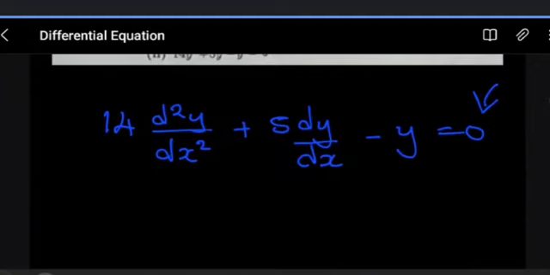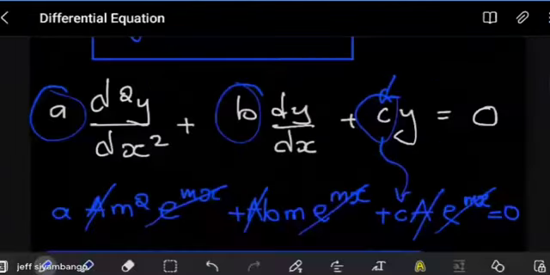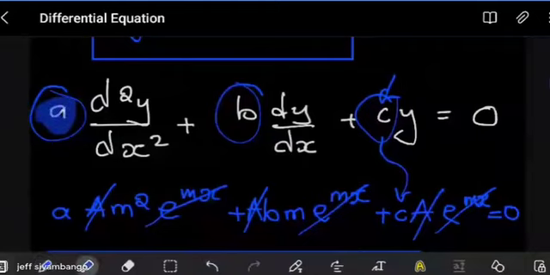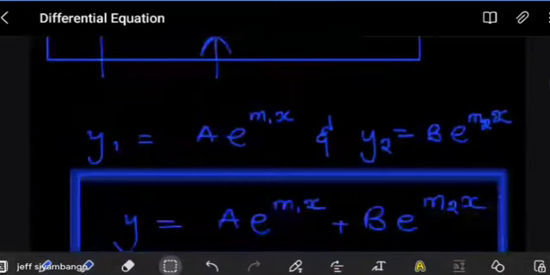Now, why do we need those? They'll be key in figuring out what the auxiliary equation, that characteristic equation, is going to look like.